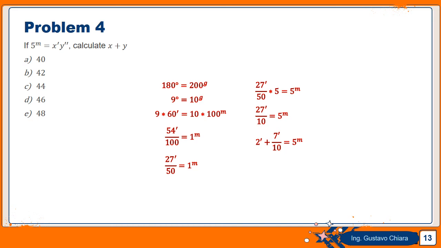Using that 1 minute is equivalent to 60 seconds, 5 centesimal minutes is equivalent to 2 minutes plus 42 seconds in the sexagesimal system. So x is equal to 2 and y is equal to 42. x plus y is equivalent to 44, and so the answer is the letter C.